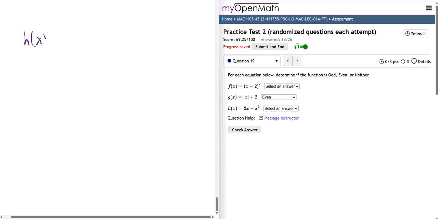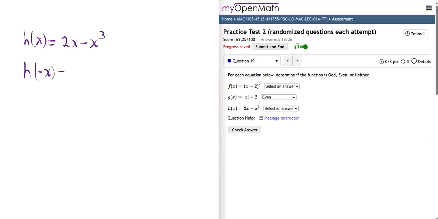h of x is 2x minus x cubed. So what happens if I plug in negative x?